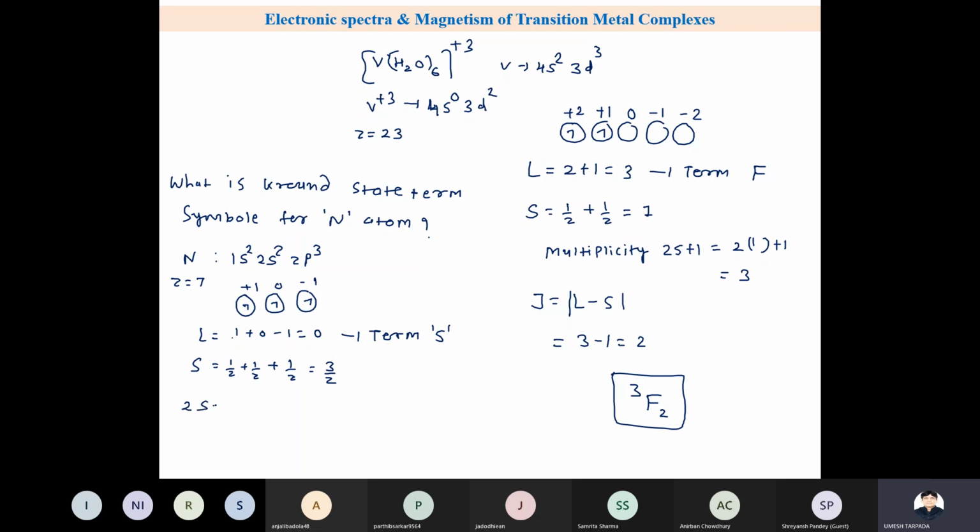So 2S plus 1 value, what is its multiplicity? 4. So 3/2, the 2 cancels out, so it is 4. So therefore, what is its term symbol?